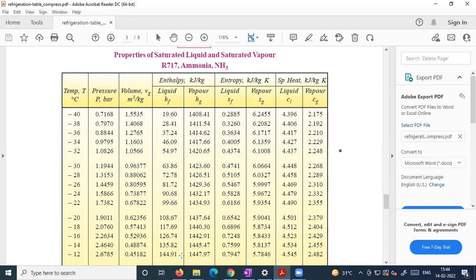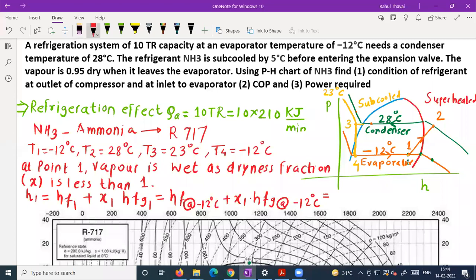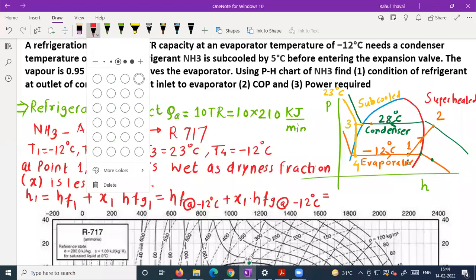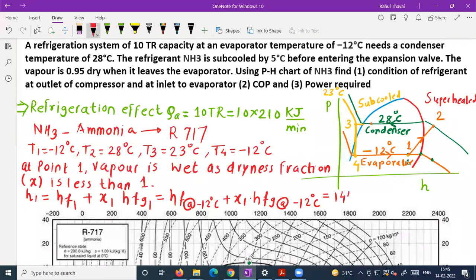See this value, 144.91. At minus 12 degrees Celsius, hf is 144.91. I will write that value down here. It is 144.91. That is hf, right?